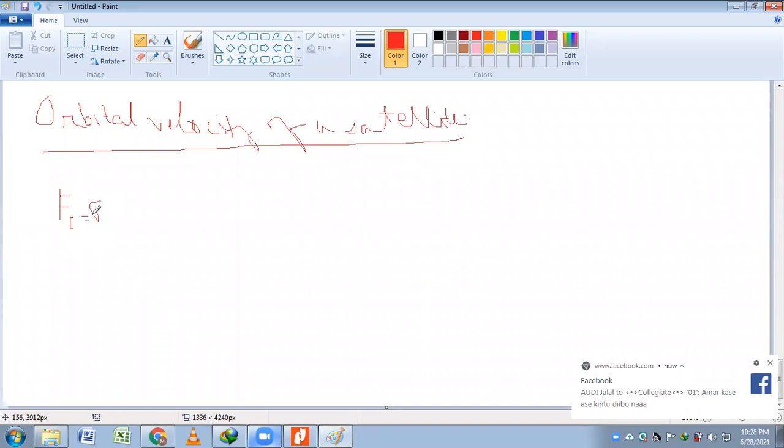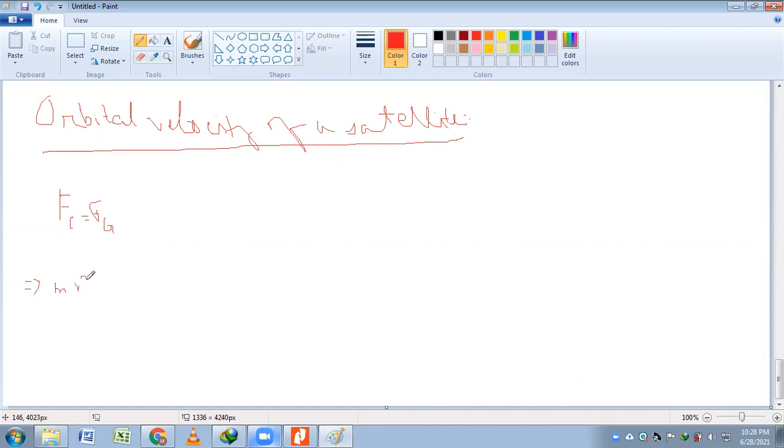Sorry. So Fc equals Fg. So I can write Fc as m v squared divided by rs, where rs is the orbital radius of the satellite, equals G M m divided by rs squared.